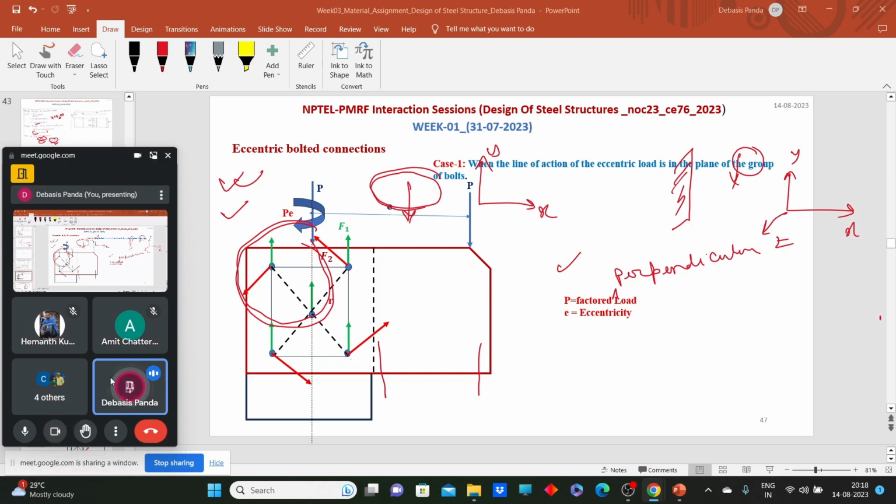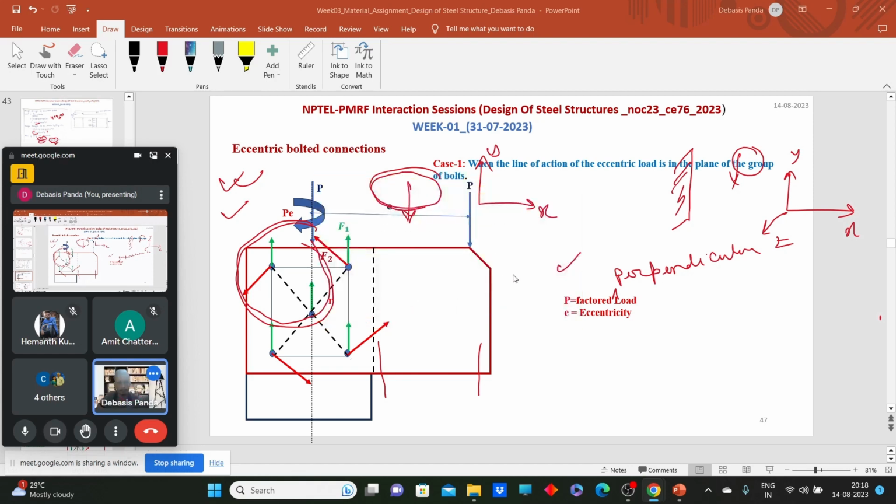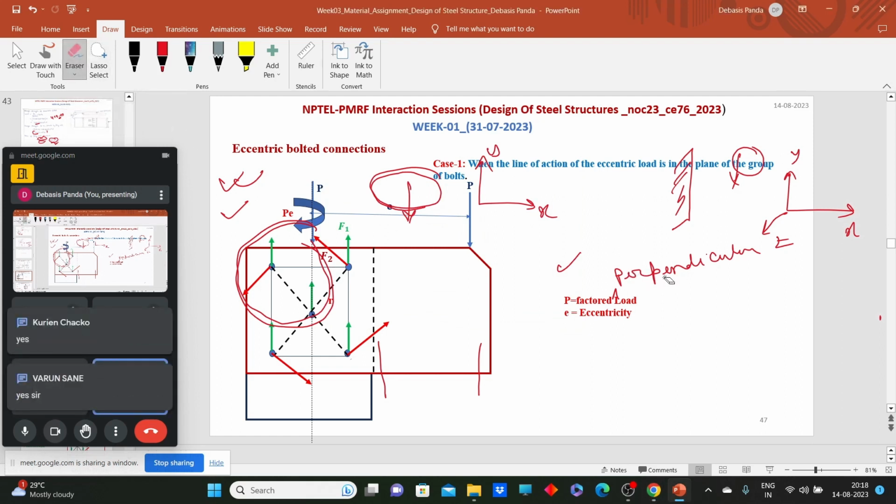Okay, am I audible? Am I audible? Actually the eraser is not working, and I need to use these slides, so let me do one thing. I will share it again, because I need to explain it with that pen.